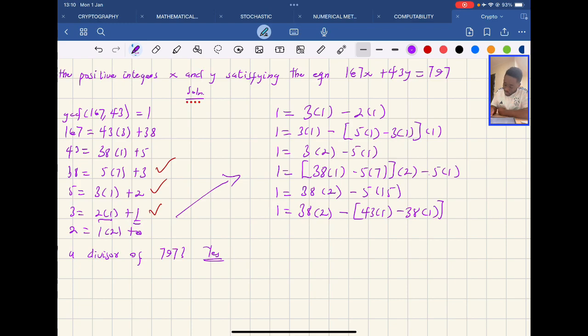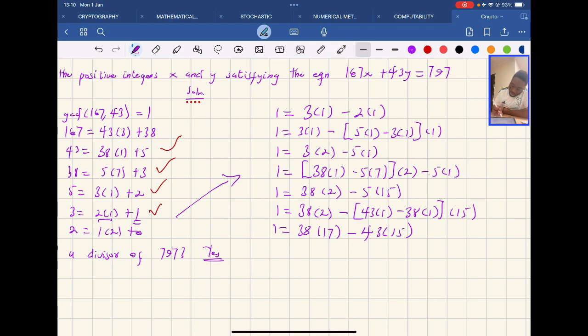Then we bring this 15. So for 38, we have 2 over here and 15, making 17. So 38 times 17 minus 43 times 15. Now we are done with this.